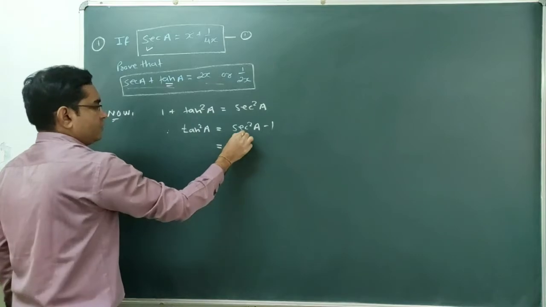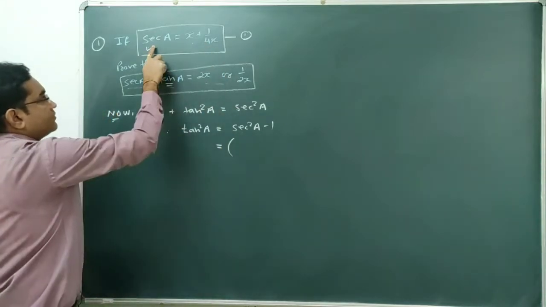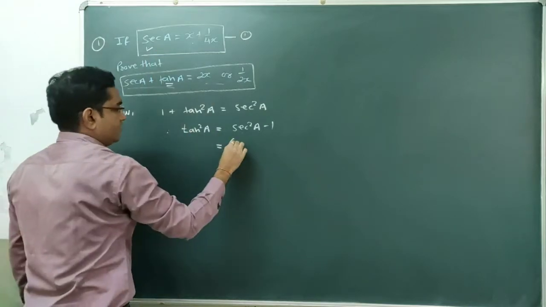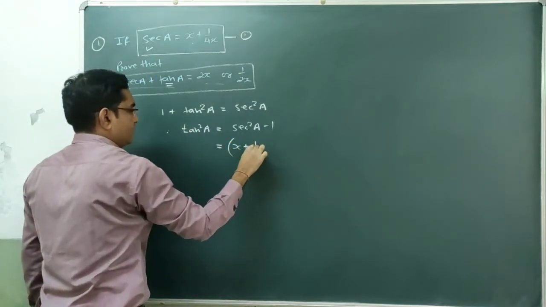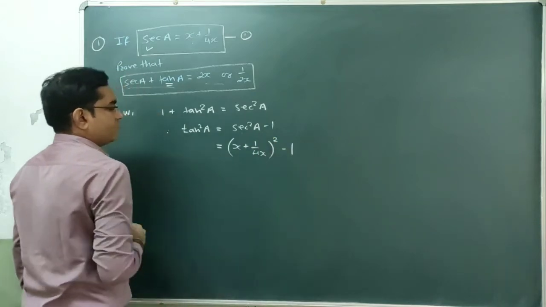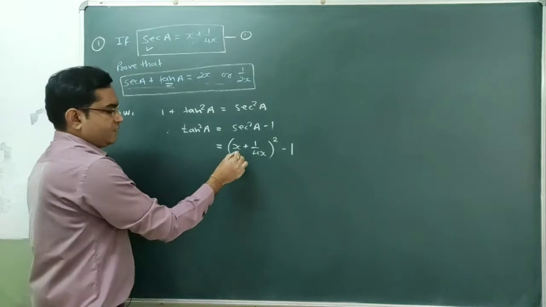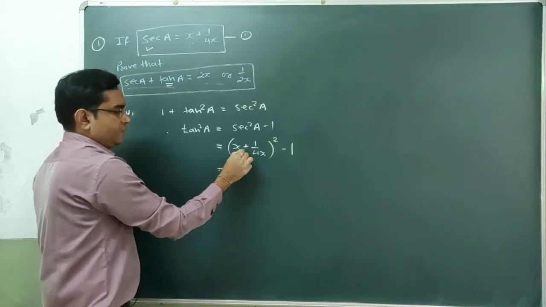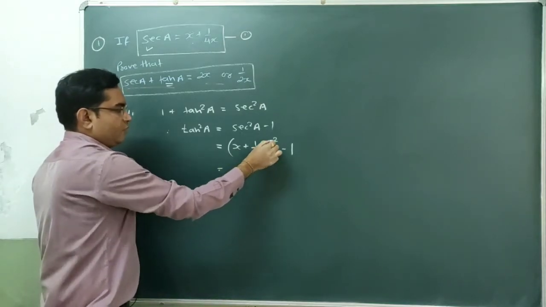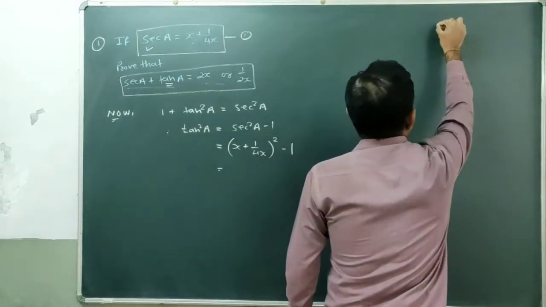Now we'll put the value of sec A from here. So sec square A is x plus 1 by 4x whole square, minus 1. This is one term, this is second term. It is in the form of a plus b whole square.